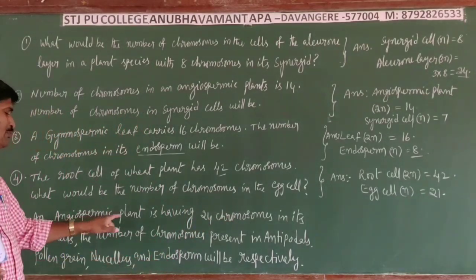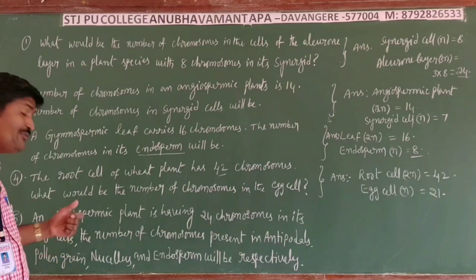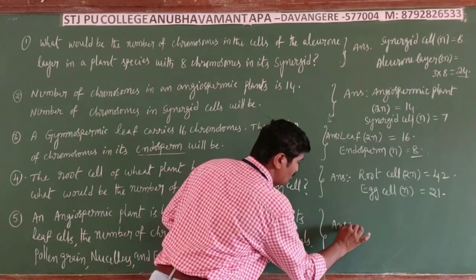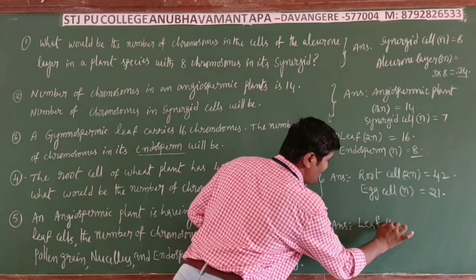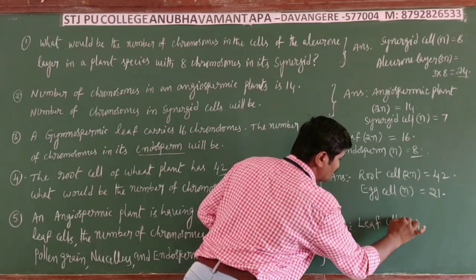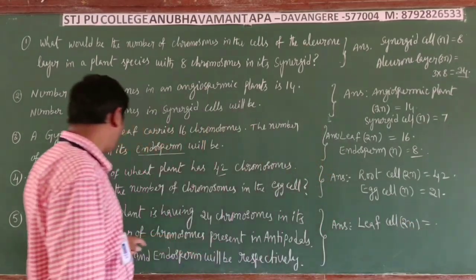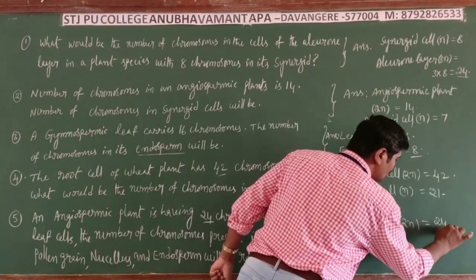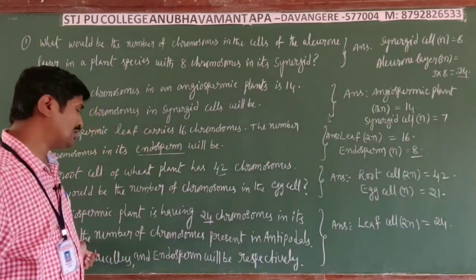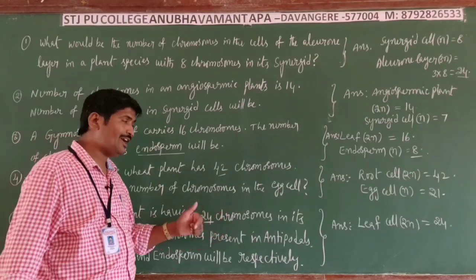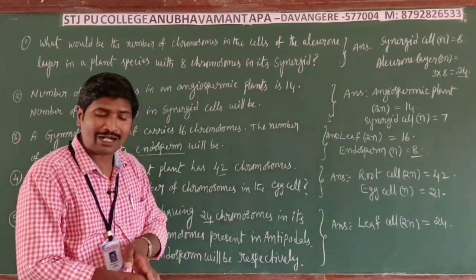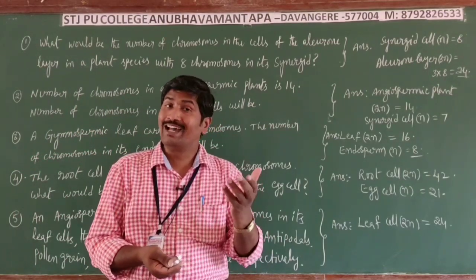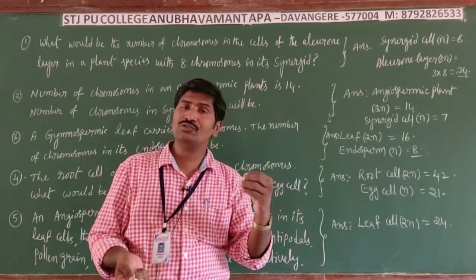See here, in the angiospermic plant, the leaf cell is 2n diploid, a total of 24 chromosomes. The antipodals are a part of the embryo sac. The embryo sac is haploid. Antipodals are also haploid.